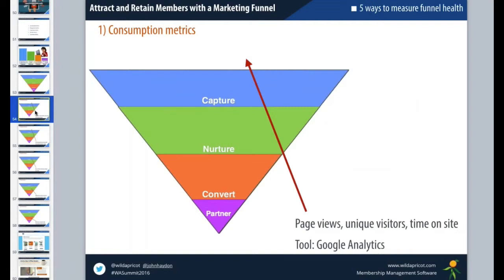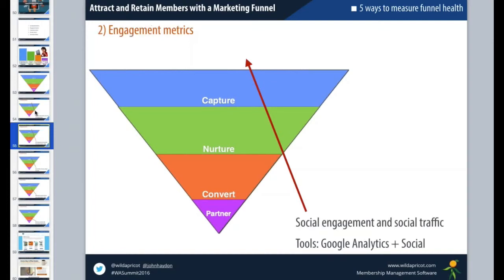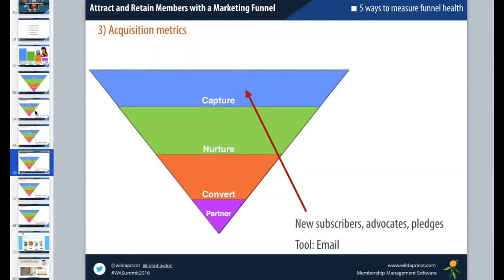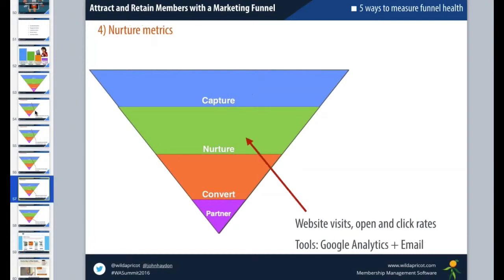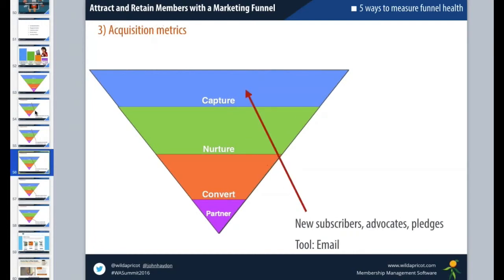We can also look at Facebook Insights, but we're looking at the very top of the funnel, which is basically about awareness, people seeing your content, becoming aware of it, maybe engaging with it on Twitter, Facebook or LinkedIn. But the capture phase is where we're asking for their email address, okay? So new subscribers, webinar registrants, and so forth. That's going to be email, right?